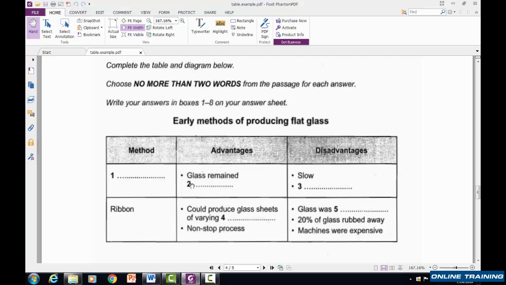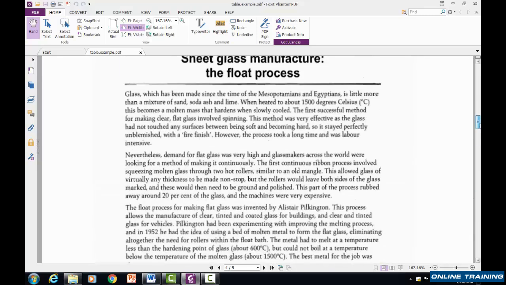When we're looking for number 2, we're looking for a word that means the same as remained. Because if we can find the word that means the same as remained, we'll know what the answer is for number 2. So right here in the paragraph, we see the word stayed. Stayed is a synonym for remain. So stayed, perfectly unblemished. Remained, perfectly unblemished. So our answer is unblemished.